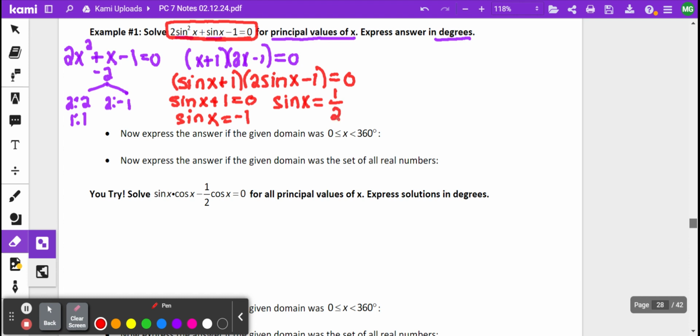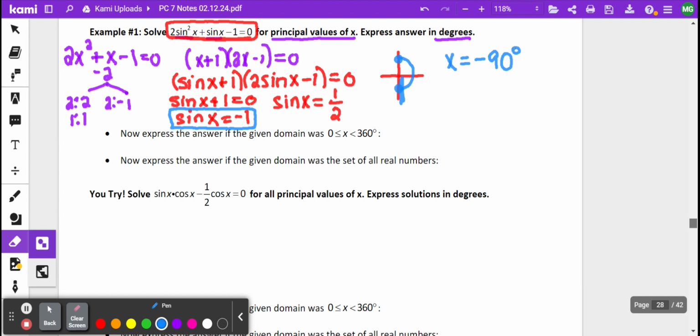Now, we have to think about our unit circle and our principal values. When we look at our principal values, we are restricted to this domain. So where is the sine of x equal to negative 1? I hope you know from your unit circle, x would have to be a negative 90-degree angle.